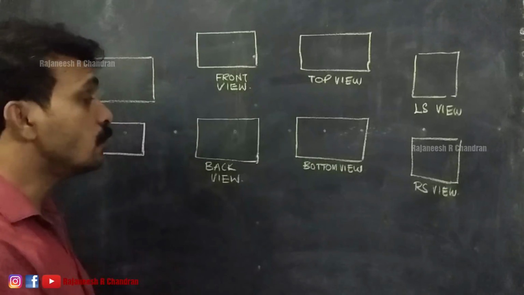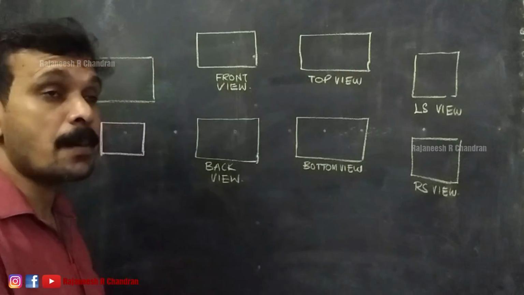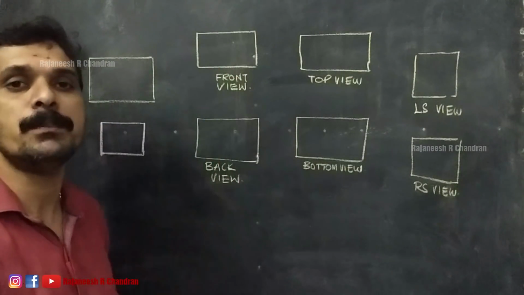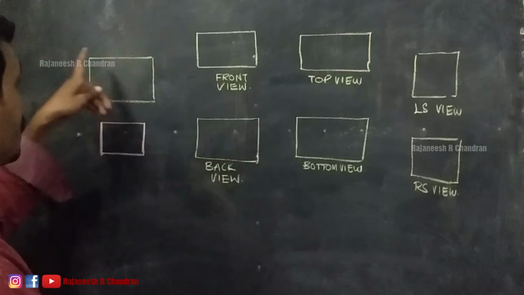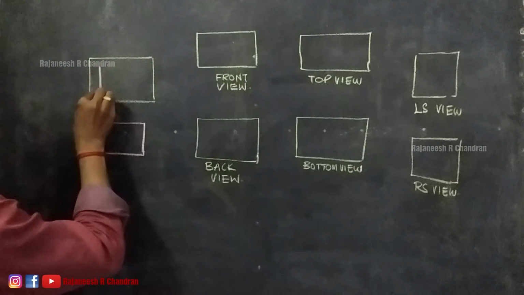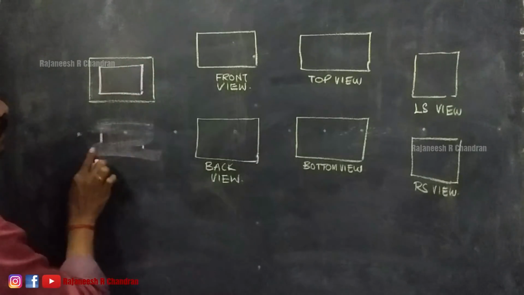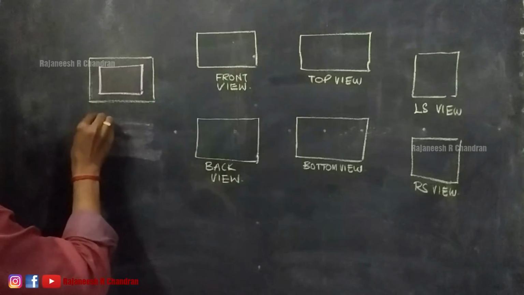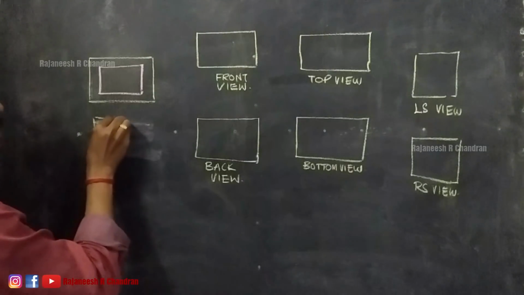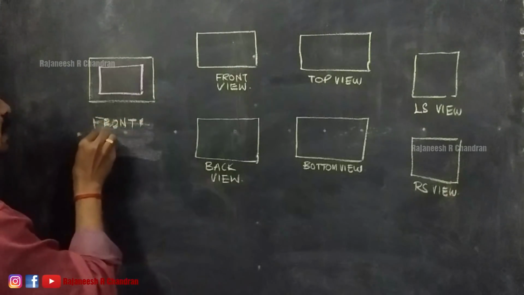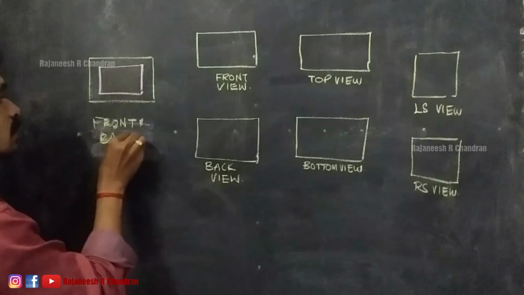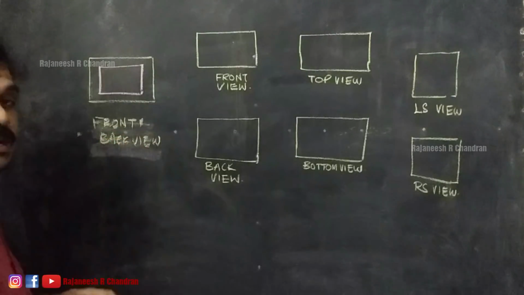But if we are able to combine both the front and back view, we can draw them together like this, so that here we can write it as front and back. Clear?